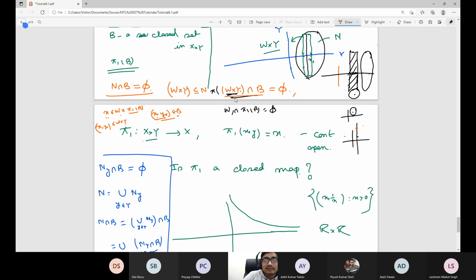Therefore, taking the first projection, the intersection is empty, and W is an open set containing X naught, and therefore pi 1 of B is a closed set.